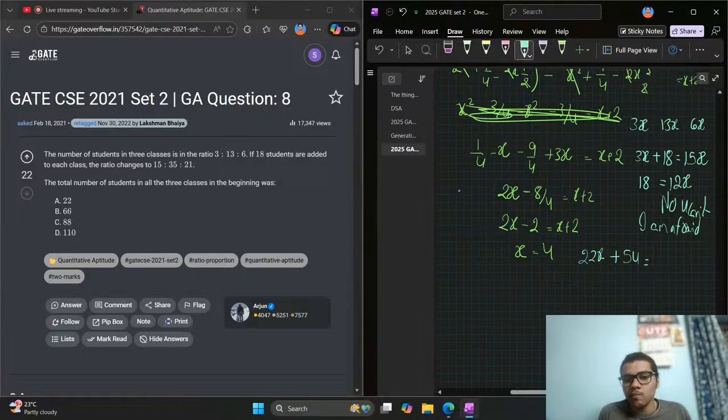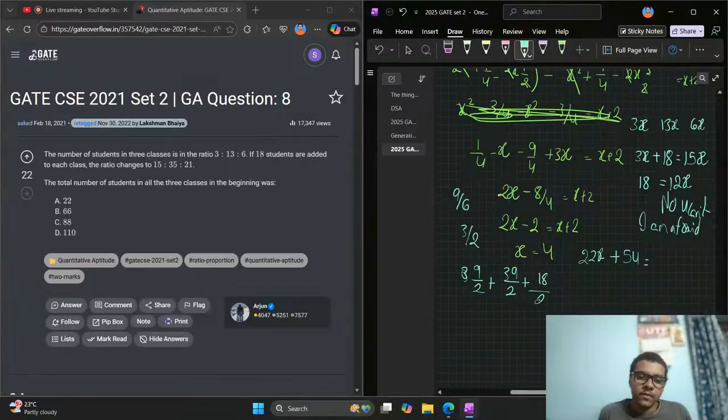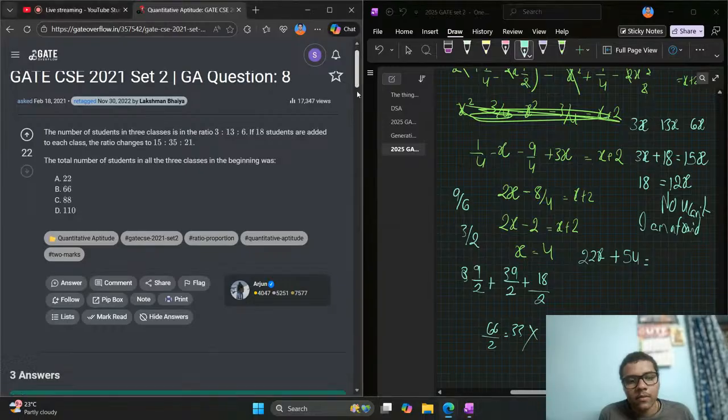So 9 by 6, or okay, 6. It can directly divide, right? 3 by 2 is the ratio. 9 by 2 plus 39 by 2, plus how much is that? 39, 48, 58, 68, 66 by 2, that's 33. No, that's totally wrong.